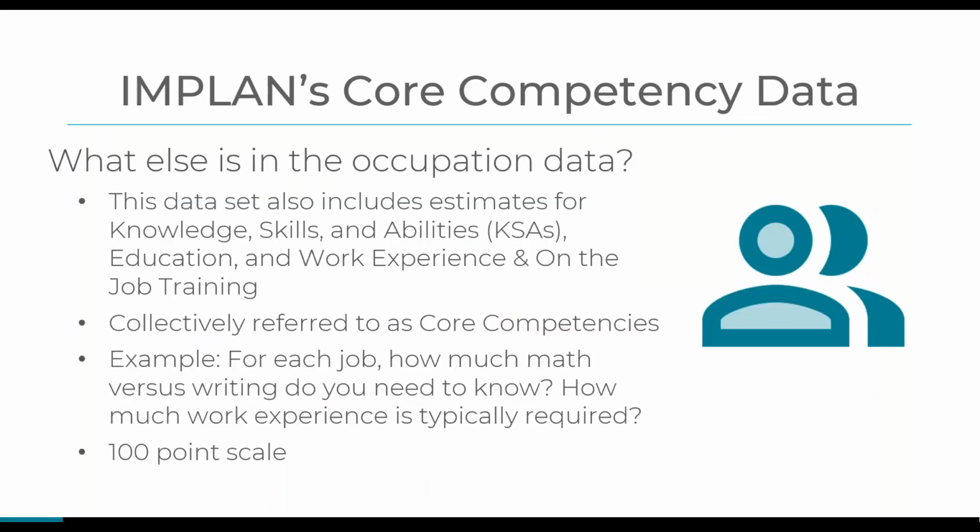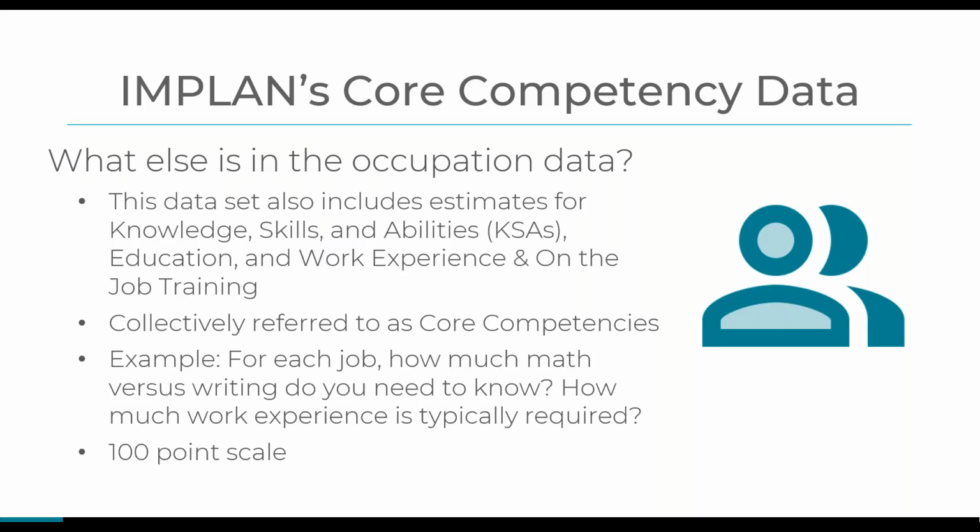Okay, so what else falls under that umbrella of the occupational data? Well, in addition to occupation, compensation, and hours worked ratios that expand upon employment estimates, we also have estimates for what we refer to as core competencies. So core competencies data provides estimates of the knowledge, skills, and abilities data that each job is assumed to require.